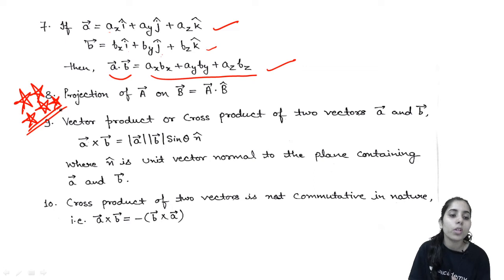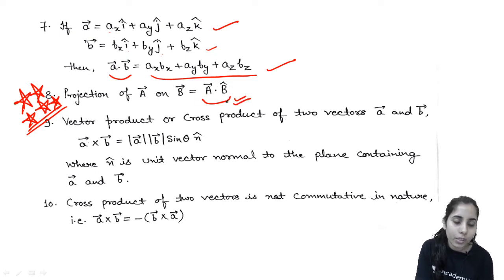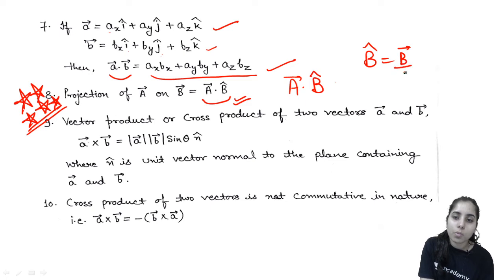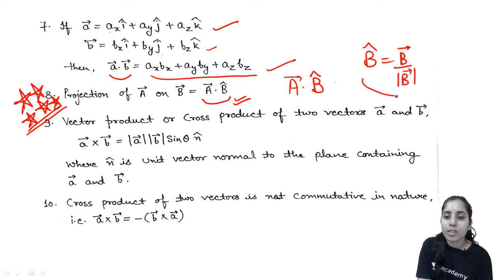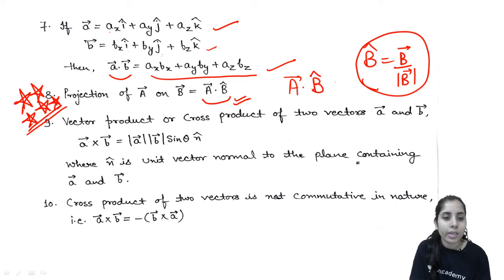If you want to find the projection of vector A on vector B, the formula is vector A dot unit vector B, where unit vector B you can write as vector B upon mod vector B. So projection of vector A on vector B equals vector A dot unit vector B. Is that okay?